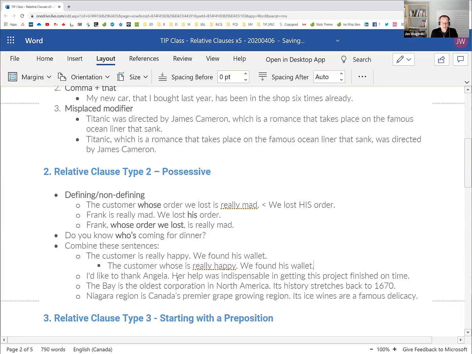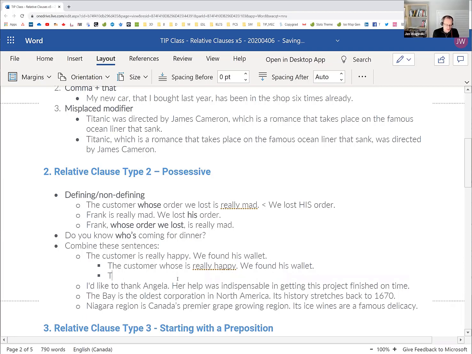What you said orally is correct because you could interpret it this way: the customer who's found his wallet is really happy. This is what I heard you say. But this is short for who has found. So whose can also be who has, it can be who is. So that's not quite it.